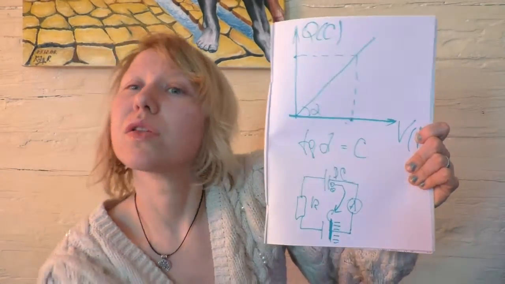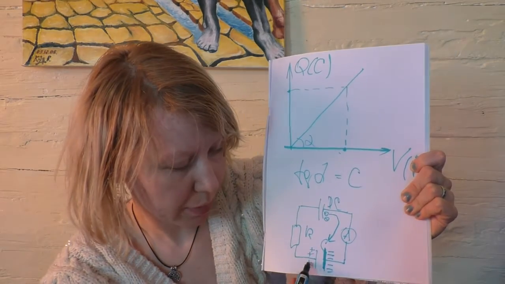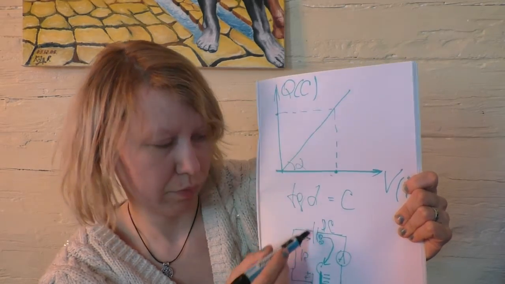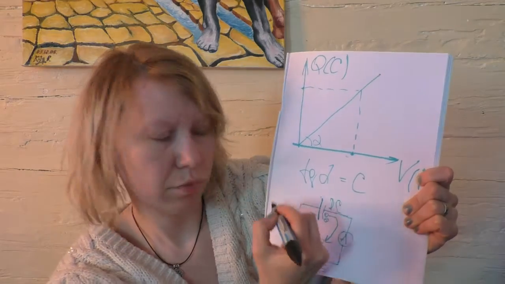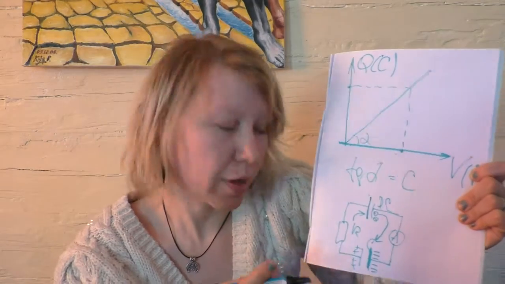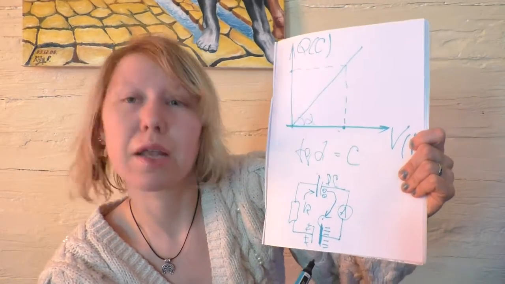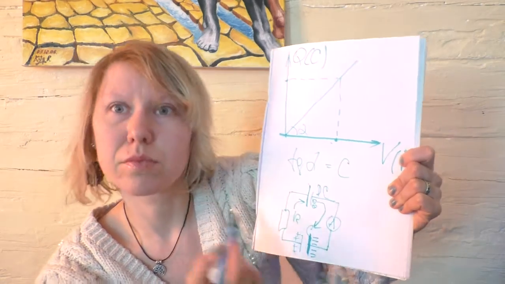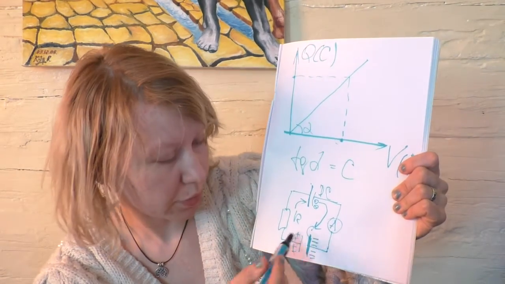That means we will have pluses on the other plate, because all the minuses will go further. This flowing of electrons is exactly the current flow. As a result we have a positive charge on the other plate of the capacitor.